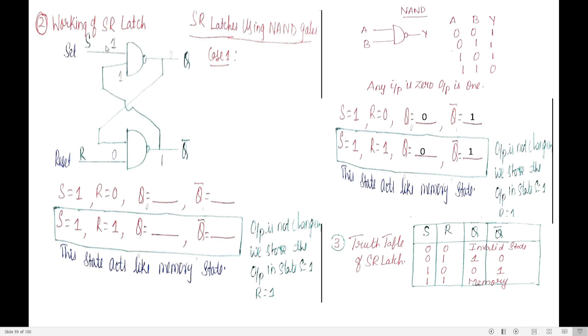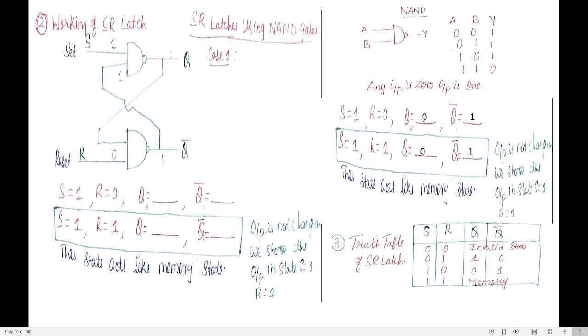When I make S as 1 and R is 1, I cannot predict the output because I can predict only if any one of the inputs is 0. Since both are 1s, I cannot predict. So the output in this state, whatever was there in the previous output remains same.